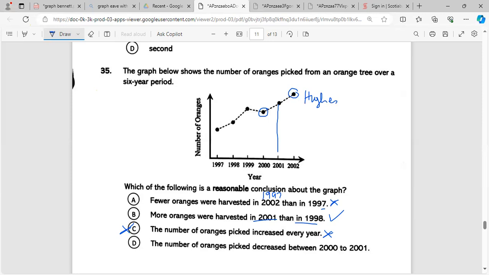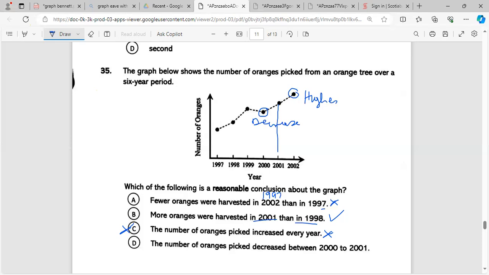It's not consistent. Overall it increased from 97 to 2002. But at some point from 1999 to 2000, there was a decrease here. So we can't say it increased every year. That would be a lie. It increased every year except this one. So that makes it null and void.